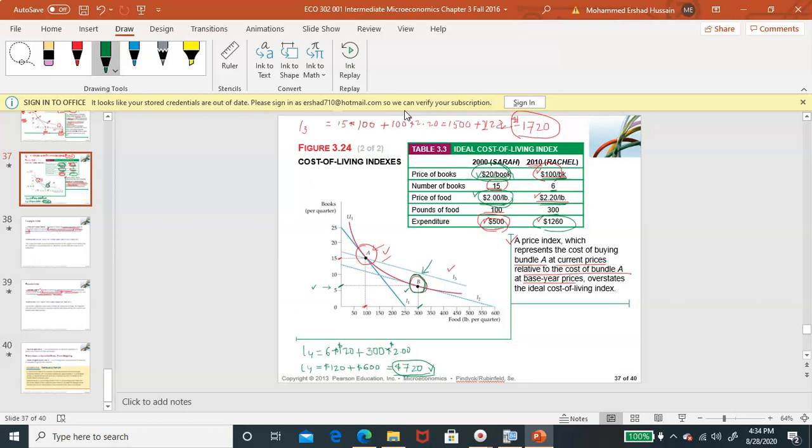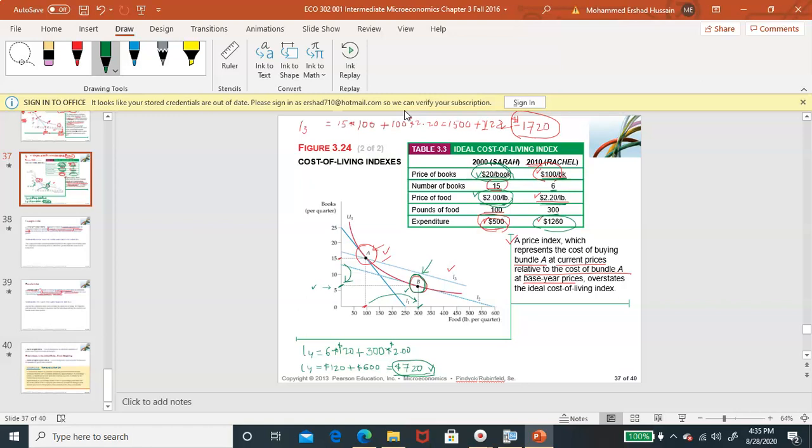See, when the price of goods changes, look at that increase in food and decrease in consumption of books. These indexes do not adjust for the fact that we are changing the combination that we buy.